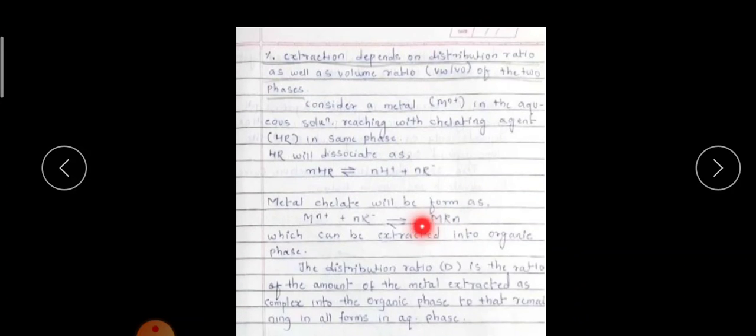Percentage extraction E is equal to 100 times X. Therefore, E is equal to 100 D divided by D plus Vw upon V0. This is the percentage extraction. Percentage extraction depends on the distribution ratio as well as the volume ratio of the two phases.